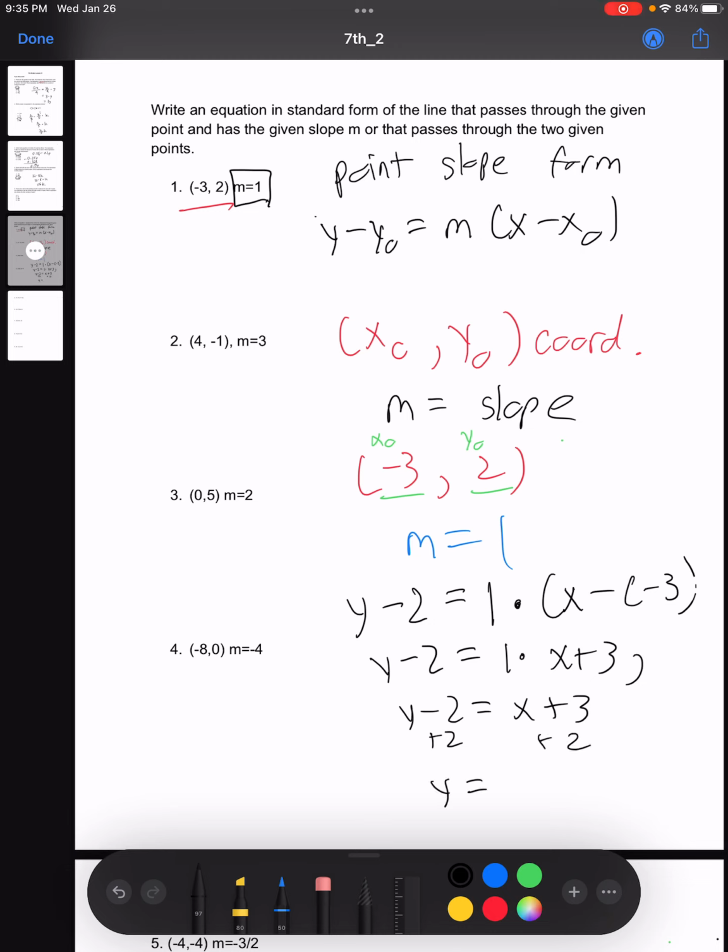And we get y is equal to x plus 5. This is what would be our equation. So essentially all we did is find some information using the x0, y0, and m, and plug that information into our point slope equation to find a line that both has the given slope and passes through the point.